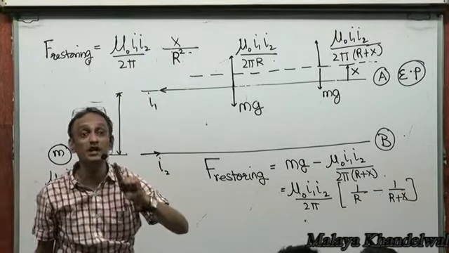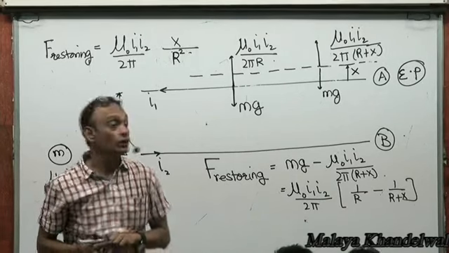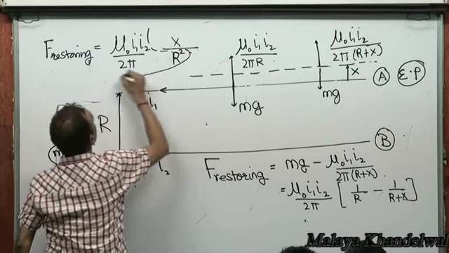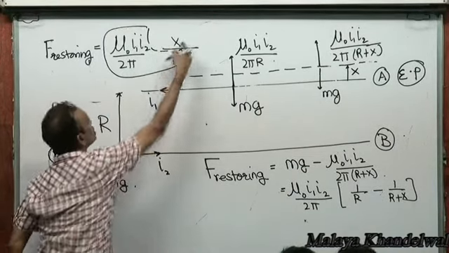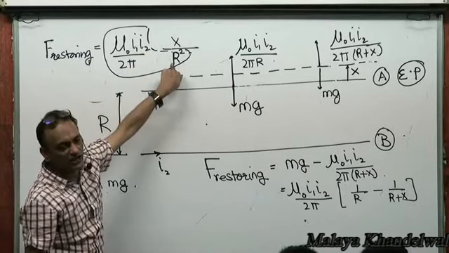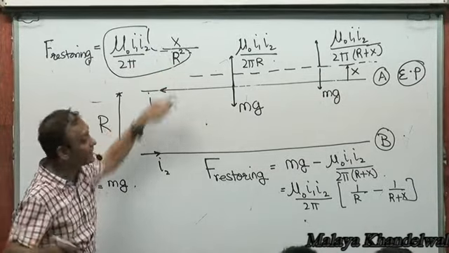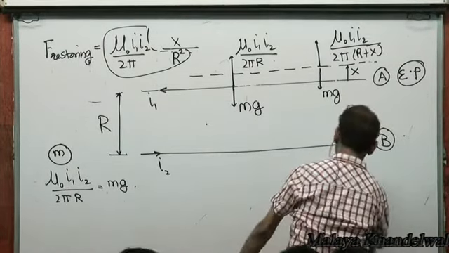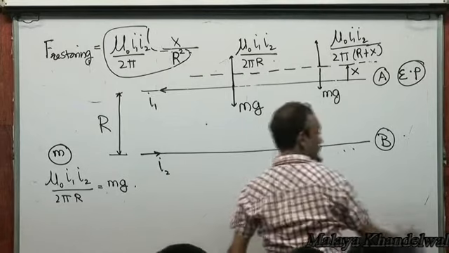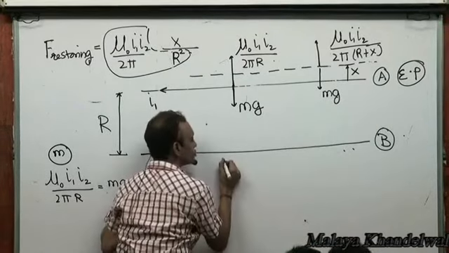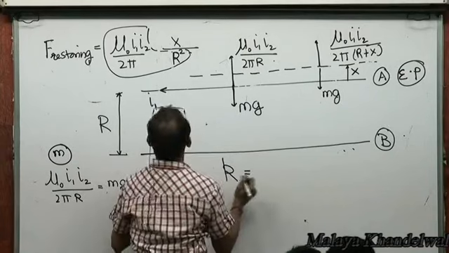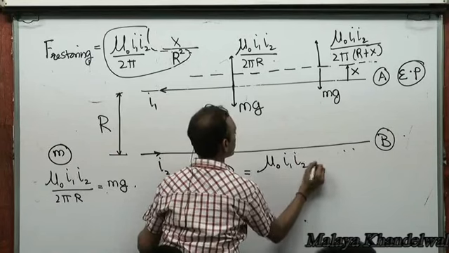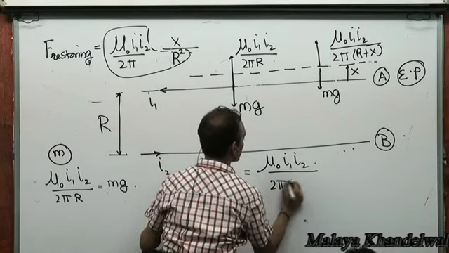The motion therefore must be simple harmonic, with F equal to k into x, this being the force constant. Mu naught I1 I2 by 2 pi r squared would be the force constant of this motion, k, right? The force constant k of the motion is mu naught I1 I2 by 2 pi r squared.